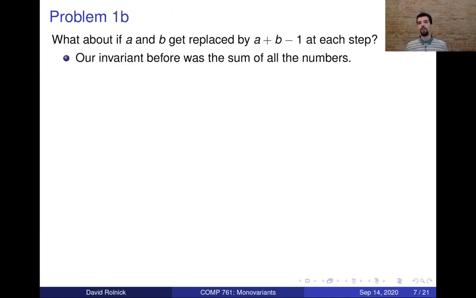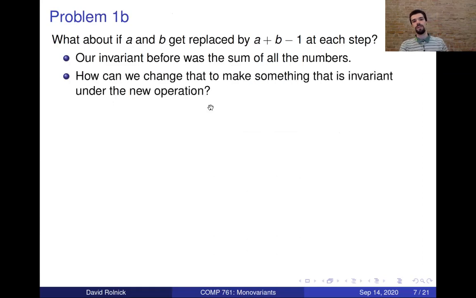Our invariant before was the sum of all of the numbers. So how can we change that to make something that is invariant under the new operation? What would the new invariant be? Something that doesn't change at each point, in each move.